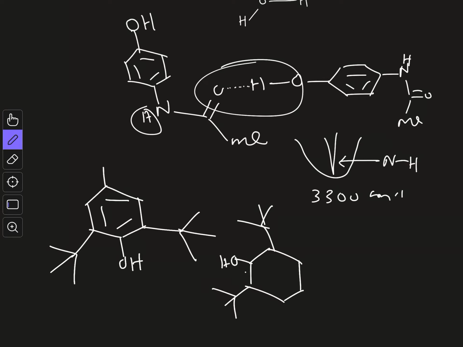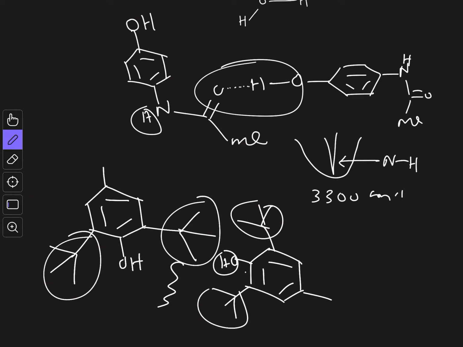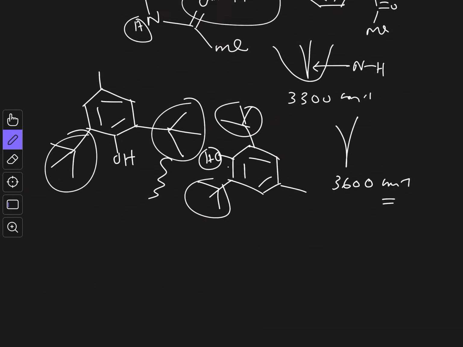So this OH group cannot participate in hydrogen bonding. There is no hydrogen bonding because of these large tert-butyl groups, and in this BHT molecule you will see a sharp peak at around 3600 centimeter inverse. So by looking at the structure or nature of the spectra, you can tell whether hydrogen bonding is involved or not, right? So this is the XH region.